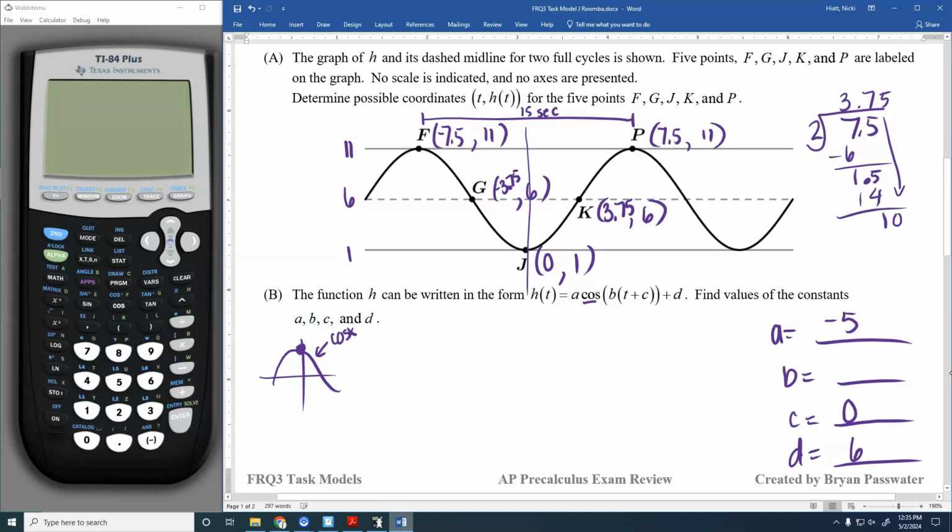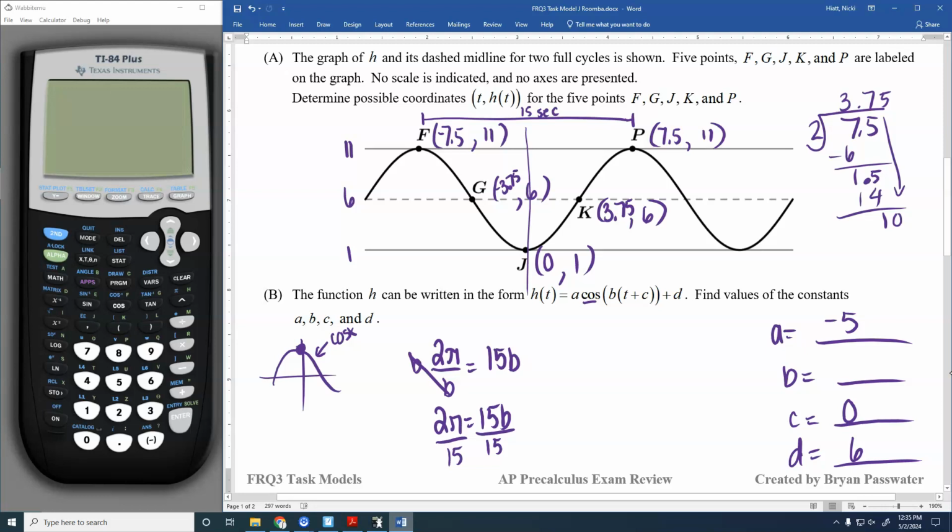So to get the period, you do 2 pi divided by B, and it gives you the period, which is 15, which means you need to multiply by B on both sides. 2 pi would equal 15B. We've done this so many times, you probably know it's just going to switch places, right?